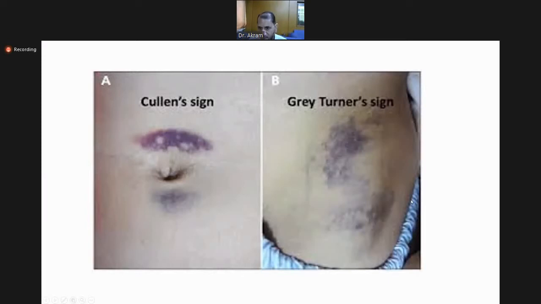This is the flank of the patient. This collection gives a discoloration of the skin, which is known as Grey Turner sign. In the same way, if the collection produces a streak of discoloration around the inguinal ligament, you call this Fox sign.